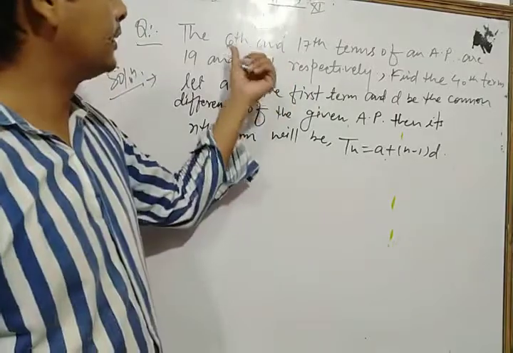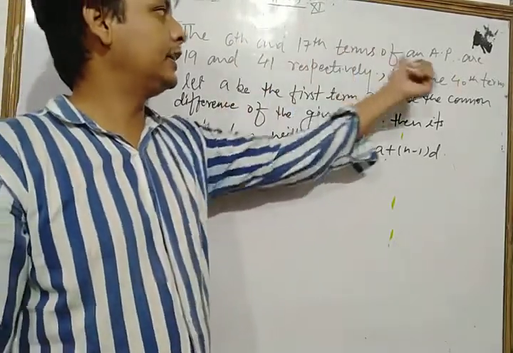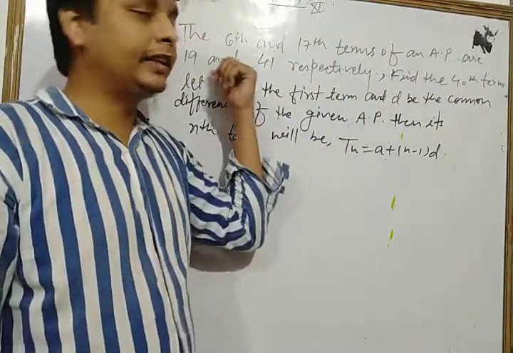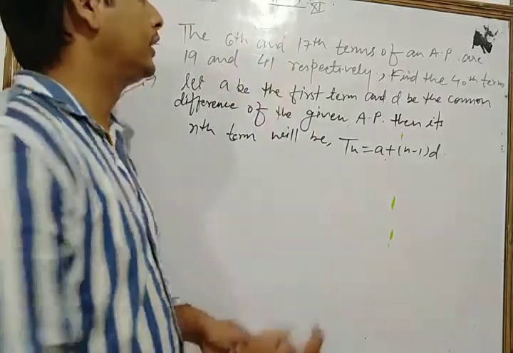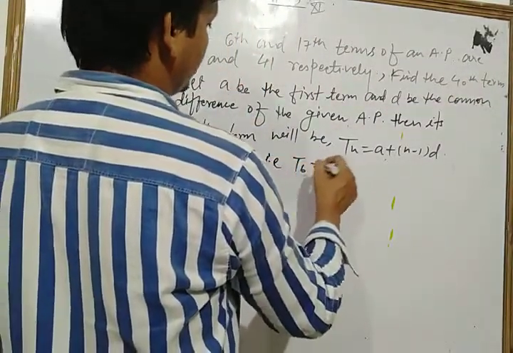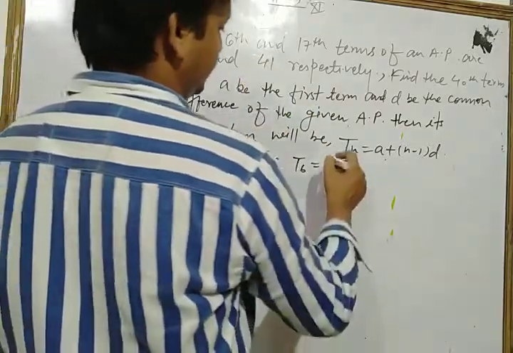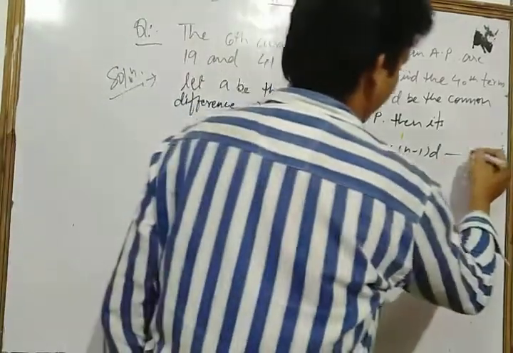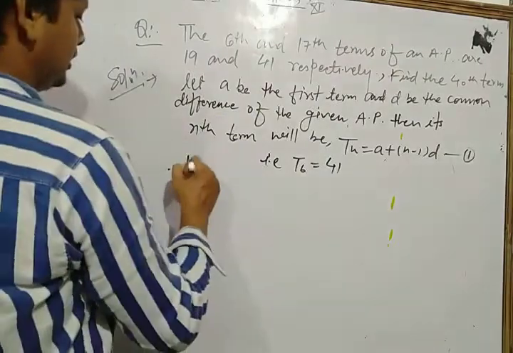Here according to the statement, the 6th term and 17th term of an AP are 19 and 41 respectively. So the 6th term, that is T6, is equal to 19. Take this as equation number 1.